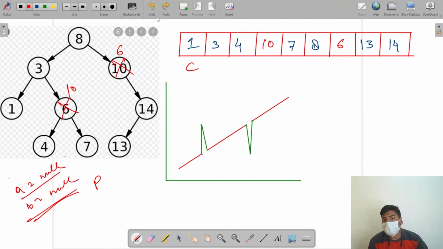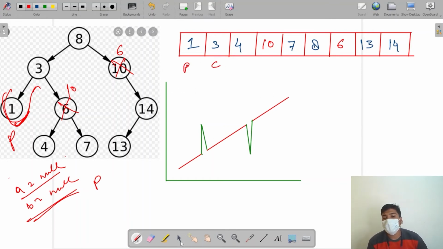When I reach here in the Morris traversal, this will be the first element which should be added, right? After this I'll reach this, but I'll also shift my previous. So when my current reaches 3, I'll shift my previous here, and then I'll keep on shifting my previous.